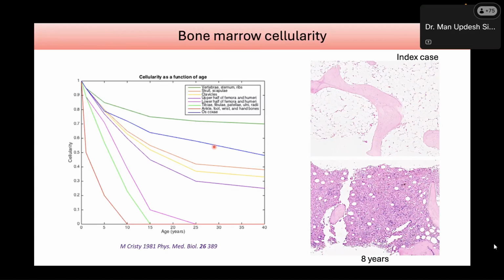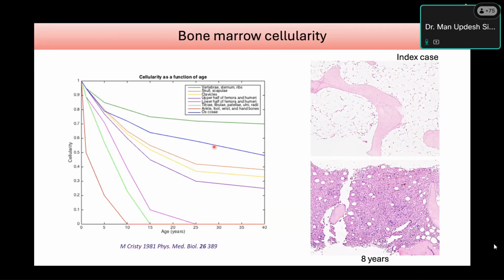But on an average, when we assess a sternal or an iliac bone marrow taken from these spaces, there's a formula. Anyone? Pushpanjali, do you know how you assess with the age? 100 minus age. Right, 100 minus 8. So if it's a 20-year-old person, then 100 minus 20, there must be around 80% hematopoietic cells and 20% fat.